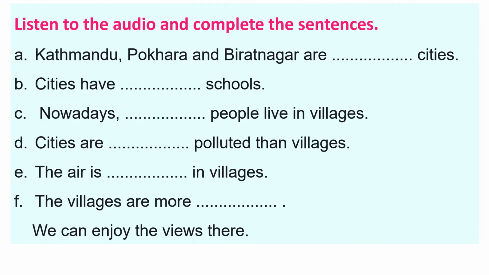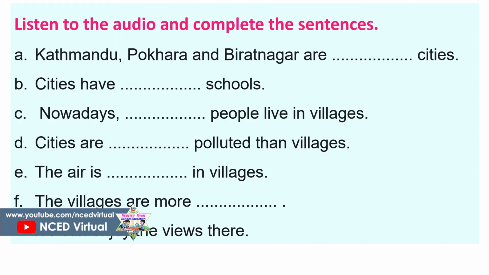There are fewer people in the villages these days because many people have moved to the cities to work. However, there are many good things about village life. Cities are more polluted because of the big factories and vehicles, and they are more crowded. The air is cleaner in the villages.